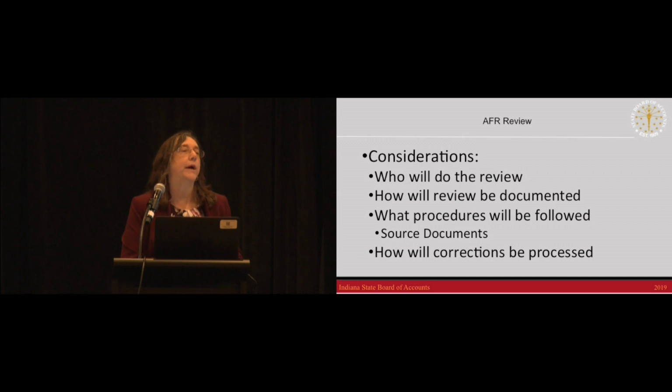And then, how are corrections processed? That should be part of your internal controls. If you're questioning something, if the CFA doesn't look right, how are you processing to get that corrected? Are you just shrugging and saying, oh well, it's the best we can do? Or are you really digging in and trying to find out what the correct answer is and getting those things corrected?